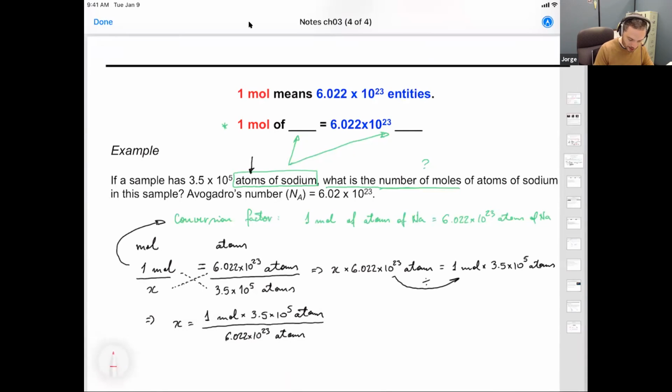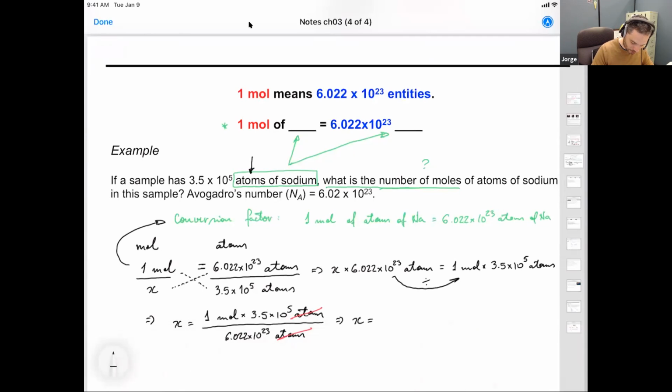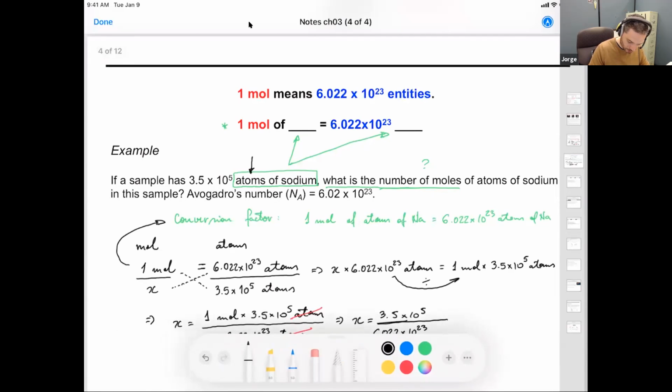All right, atoms on top and atoms on bottom, we may cancel. Therefore, what's left here is that x is going to be 3.5 divided by 6.022, times 10 to the 5 times 10 to the 23rd.